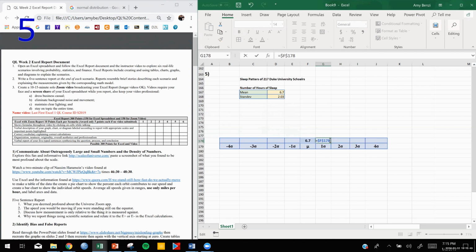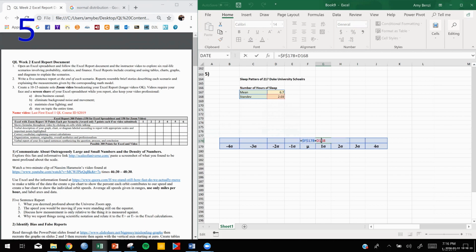Okay, and then I am going to add 1 standard deviation, which is right here. All right, you guys see how I did that? All right, so there's my mean, and now there's my mean plus 1 standard deviation. Now I'm just going to drag this all the way.